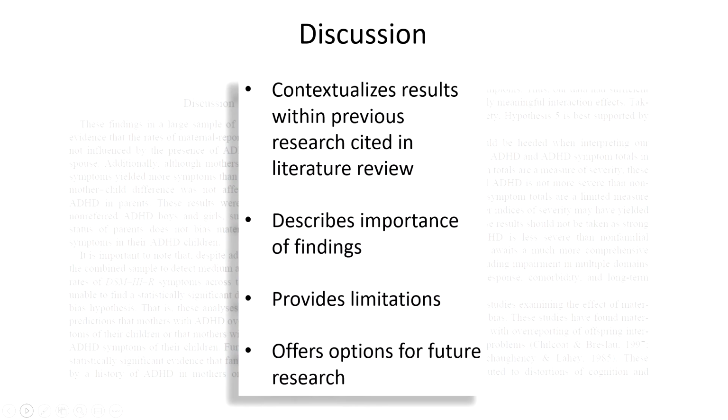It brings back some of that literature that was reviewed at the beginning, either in the introduction or in the literature review. It also describes why these findings may or may not be of importance. It provides some limitations of the research, and with those limitations offers options for future research.